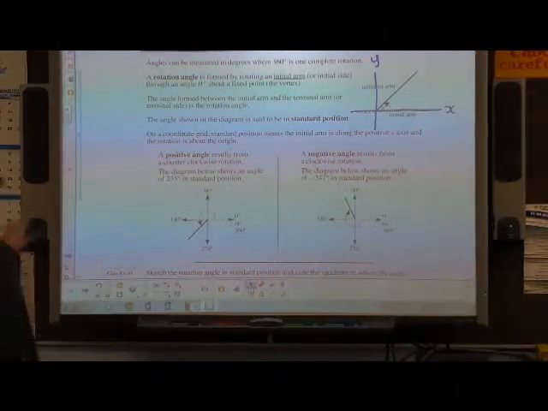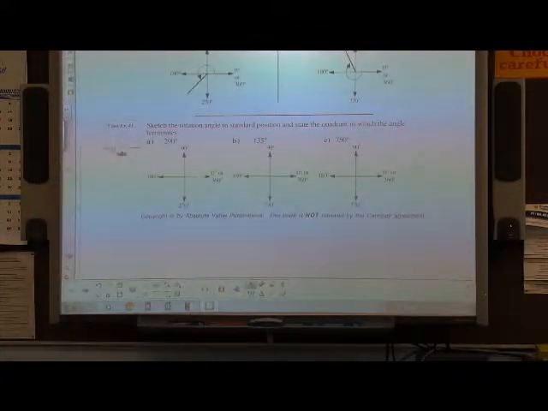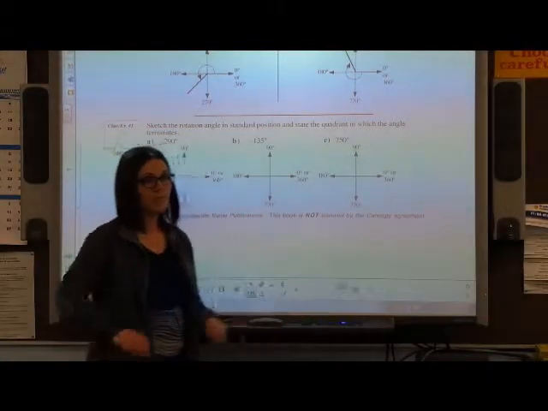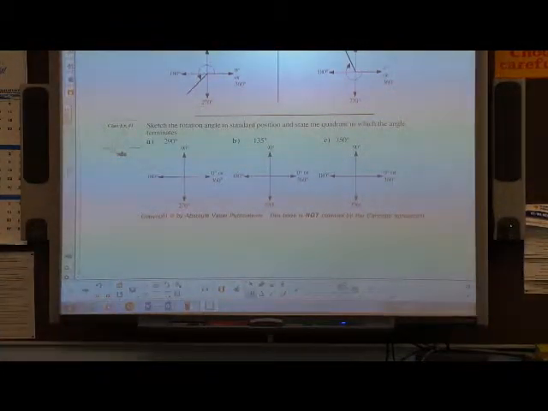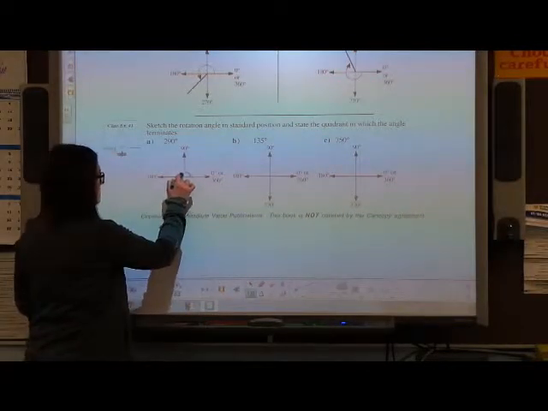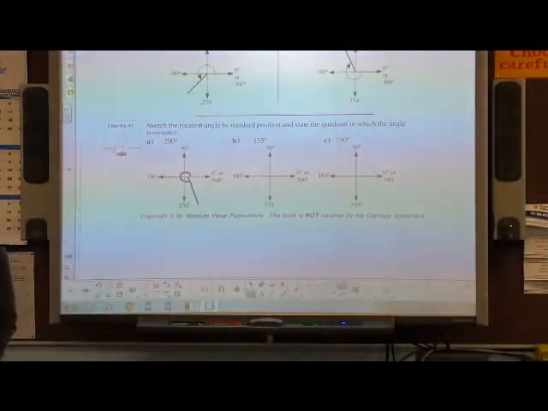Let's look at the first set of class examples. It says, sketch the rotation angle in standard position and state the quadrant in which the angle terminates. So 290 degrees would put me in what quadrant? Quadrant 4. I'm not looking for it to be exact.